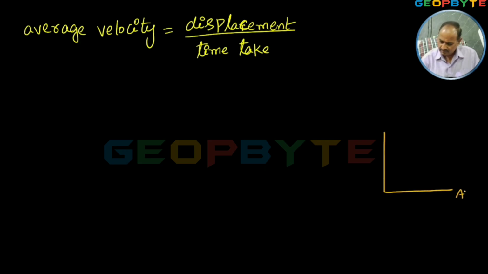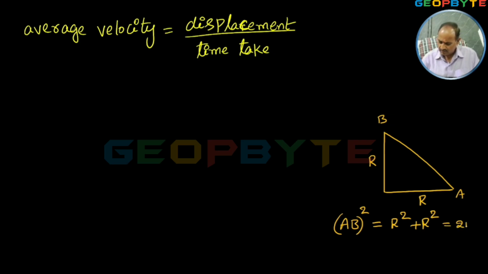This is A, this is B, with radius R. This is the straight line. Then AB squared, by Pythagoras theorem, is equal to R squared plus R squared, which is 2R squared. Then AB equals R root 2. That is the displacement.